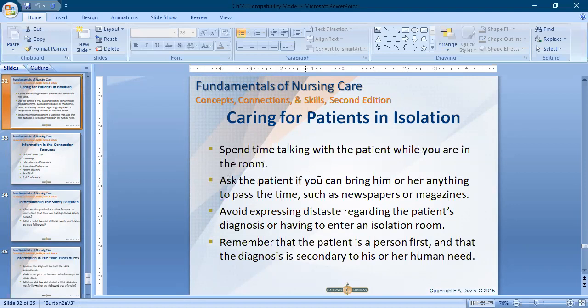Ask the patient if you can bring him or her anything. Avoid expressing distance regarding the patient's diagnosis. Remember that the patient is a person first, and the diagnosis is secondary to his or her human needs.